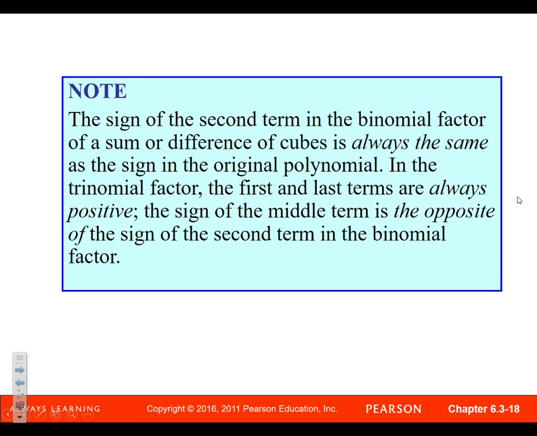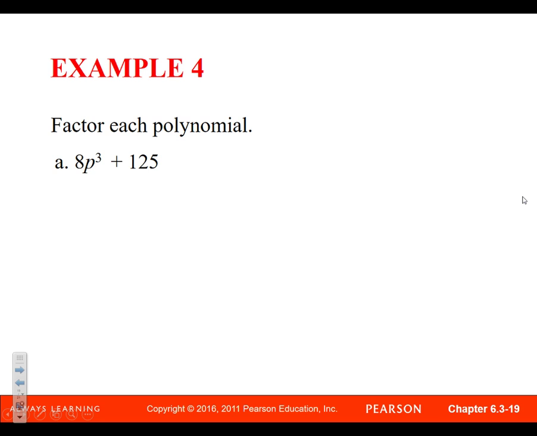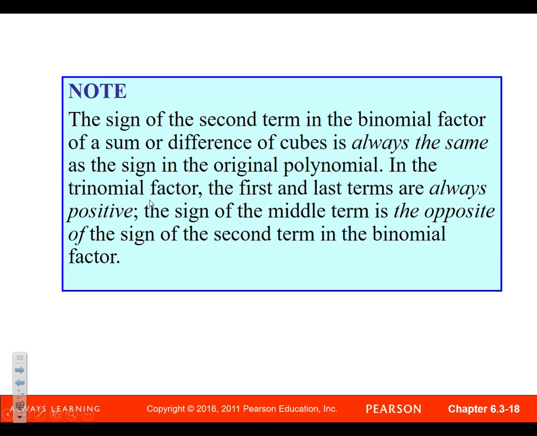Here's a note to you. It says, note: the sign of the second term in the binomial factor of a sum or difference of cubes is always the same as the sign of the original polynomial.